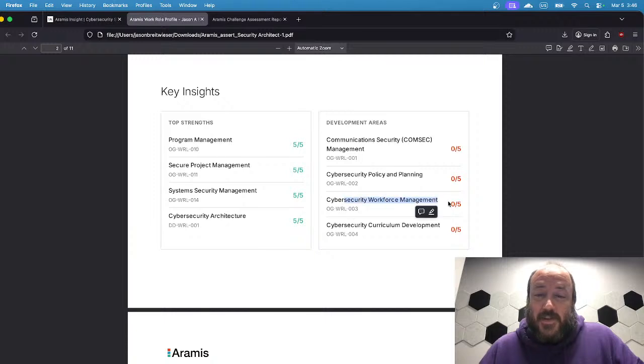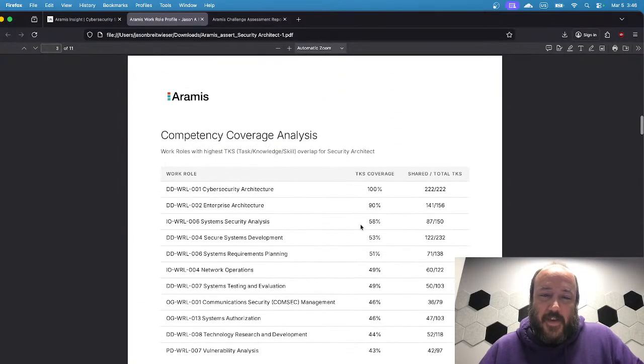Cybersecurity workforce management, I've not had a lot of cybersecurity direct reports, and I certainly haven't spent a whole lot of time on curriculum development. That said, the competency coverage analysis indicated that cybersecurity architecture was 100% aligned with what I wanted to do.